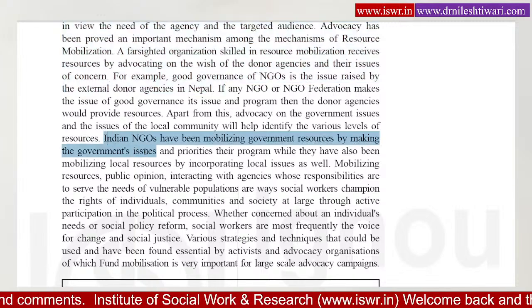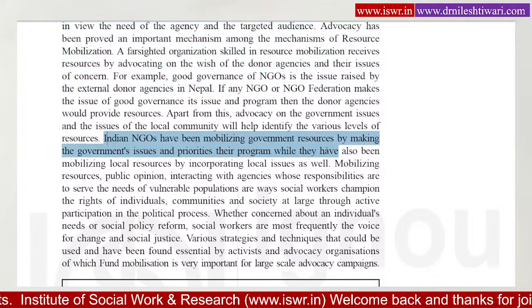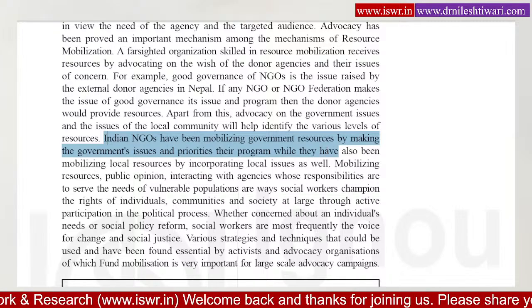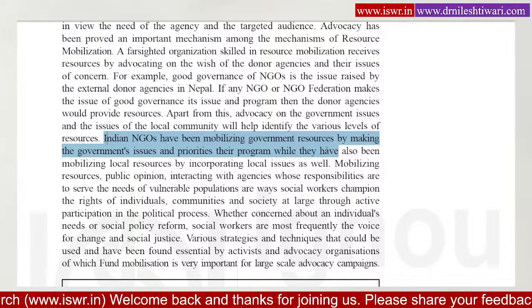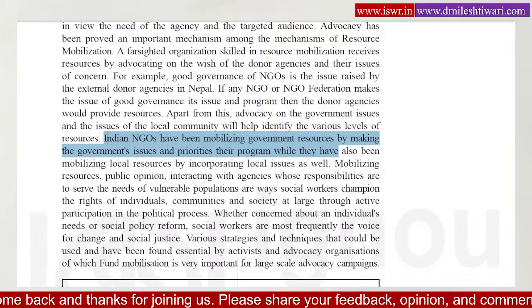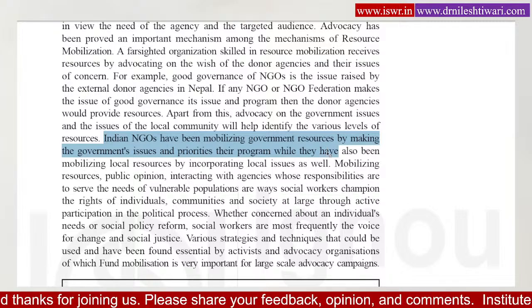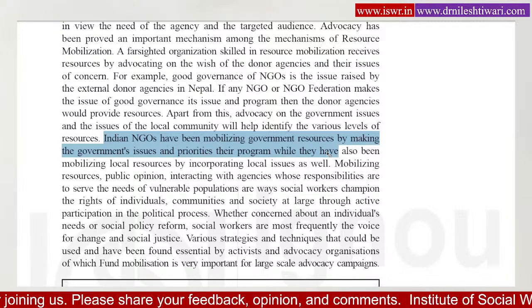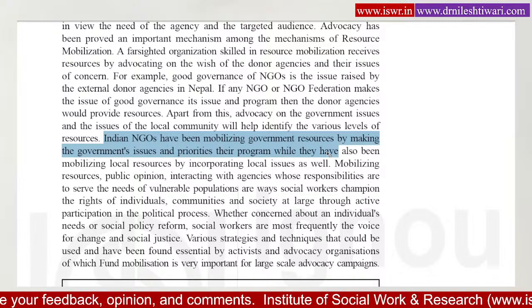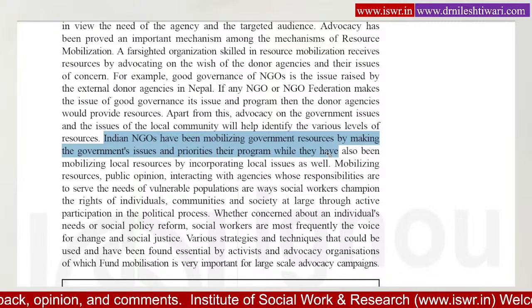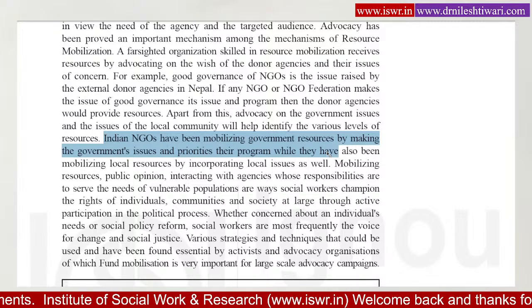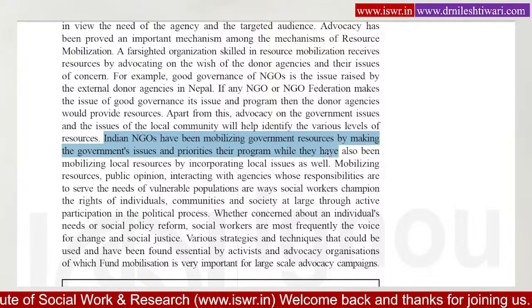Now talking about how Indian NGOs have been mobilizing government resources, getting finance from the government by making government issues and priorities their program. Please understand this thing: the NGOs, non-government organizations in India, design and draft their bylaws as per the priorities of the state or central government, and they work on these priority areas of the government.